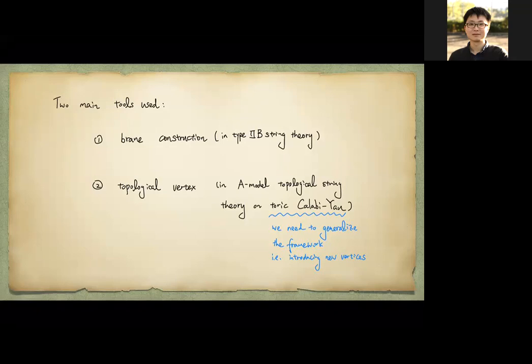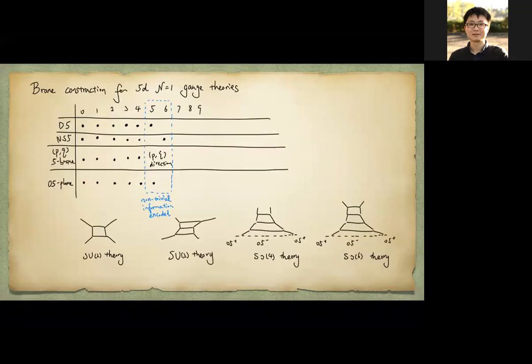But since we are putting orientifolds in the brane construction, we need to generalize the framework and introduce some new vertices. We will call it the O-vertex in this talk, and it's denoted as V_μ or W_μ here. The brane construction looks like this. We are considering type IIB superstrings, and we use D5, NS5, and also other (p,q) 5-branes.